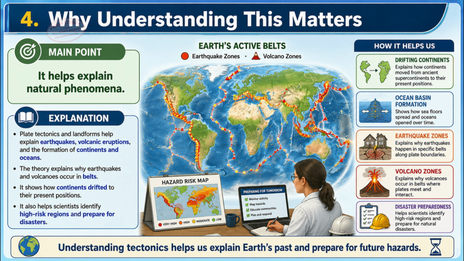Plate tectonics answers these puzzles by linking plate boundaries to earthquake and volcano zones, and by showing how continents drifted to their present positions. It also has a practical value. It helps scientists identify high-risk regions and prepare for disasters.